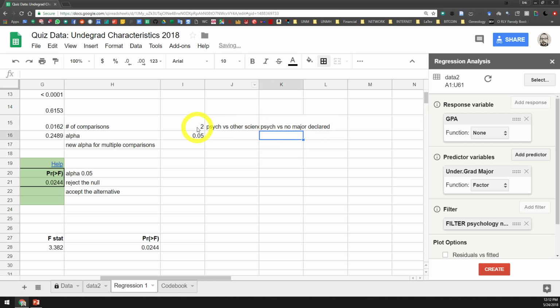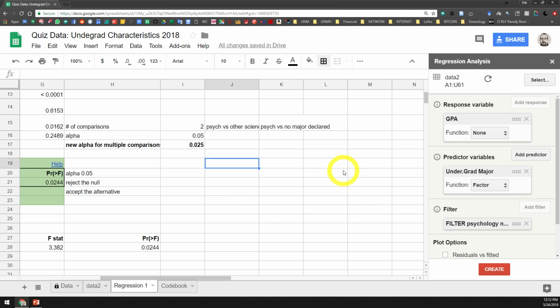So that's two comparisons. We're going to take this 0.05, so we're going to write equals 0.05 divided by 2, and our new alpha is going to be 0.025. That's our new alpha that we want to use for all our multiple comparisons to determine significance and determine whether we reject or retain our null hypothesis.